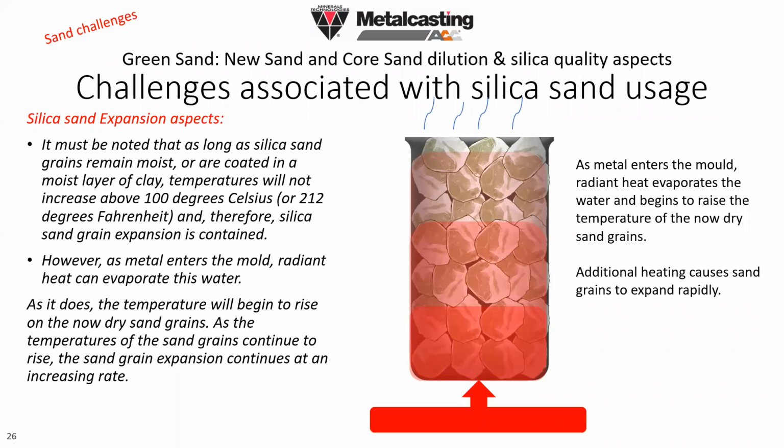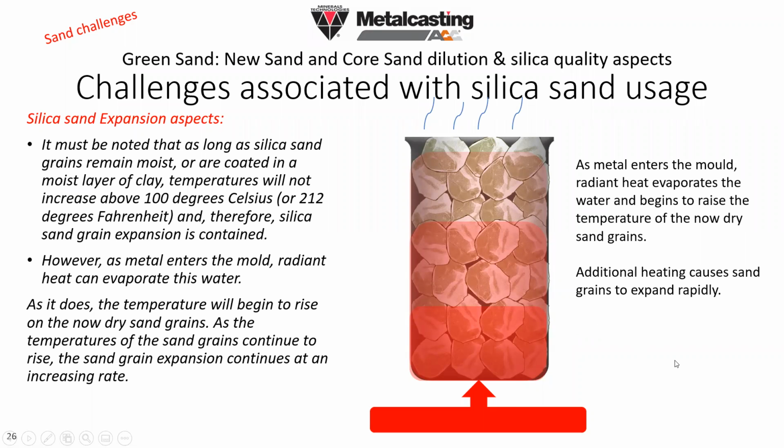But as soon as the water is lost in the green sand, then you will enter a phase where the silica expansion may become a trouble, and the temperature will begin to rise. As the temperature of the grain continues to rise, the sand grain expansion continues at an increasing rate.